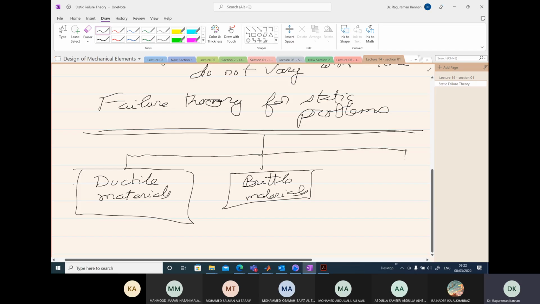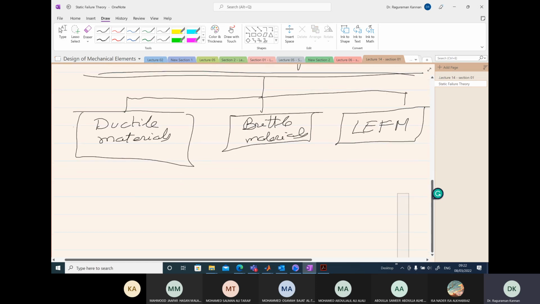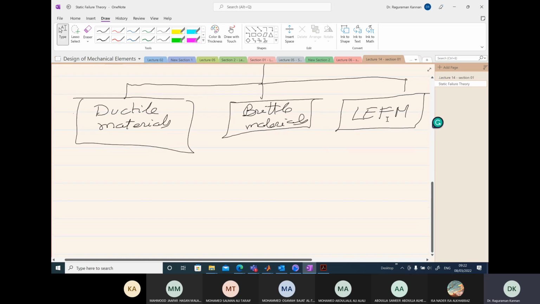We will also see a special theory for brittle materials, called linear elastic fracture mechanics, which assumes there is a crack present in the material, and we will see how the presence of the crack greatly reduces the life of the material. Especially, what kind of cracks are we going to consider?